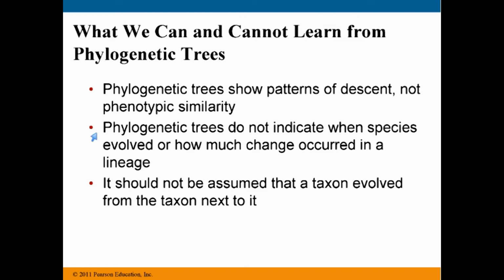Phylogenetic trees do not indicate when the species evolved or how much change occurred in that lineage. Okay, so you're showing that these evolved basically early on or recently, but it's not suggesting any sort of measurable amount of time. It should not be assumed that a taxon evolved from the taxon next to it.